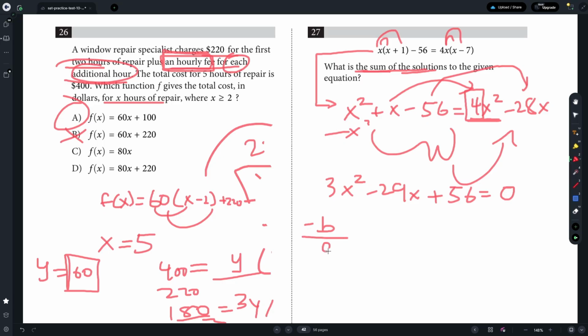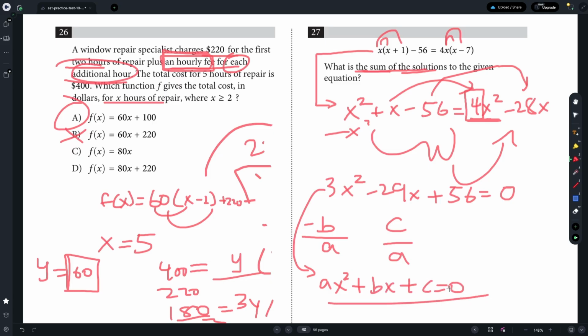The sum of the roots is negative b over a, and the product of the roots is positive c over positive a. Keep this in mind, because we know that quadratic equations are written in the form ax squared plus bx plus c equals 0, right? This is the quadratic form.